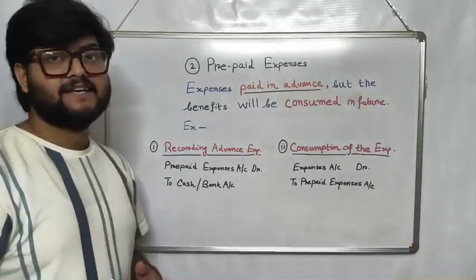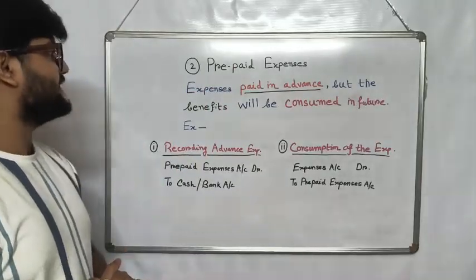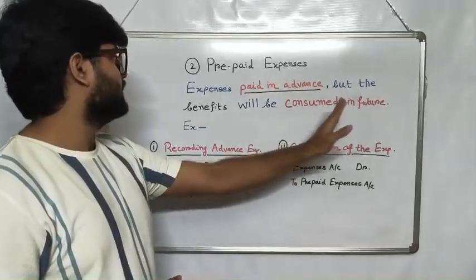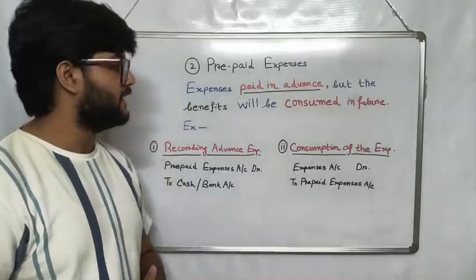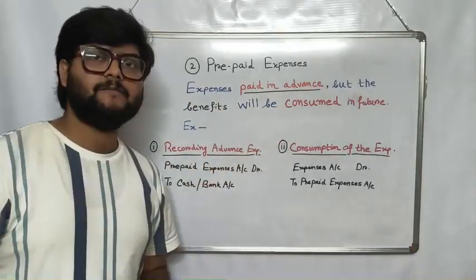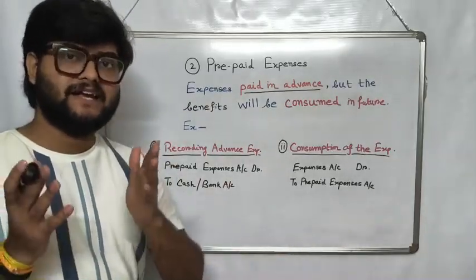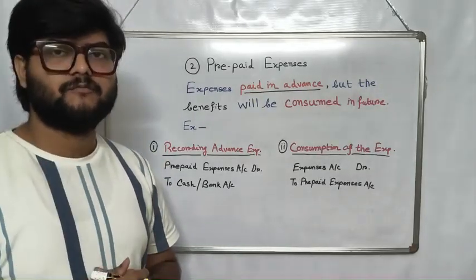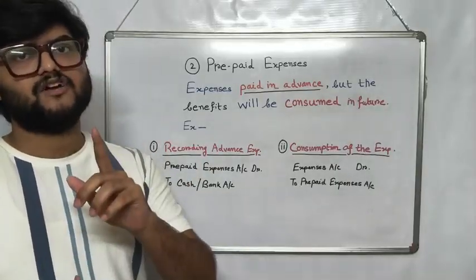Now the second adjusting journal entry is prepaid expenses. It states expenses paid in advance, but the benefits will be consumed in future. Let's break it down. Expenses paid in advance, that means that the expenses are made way before it is due, that you have to pay something on 1st of March, but somehow you have paid that on 1st of January.